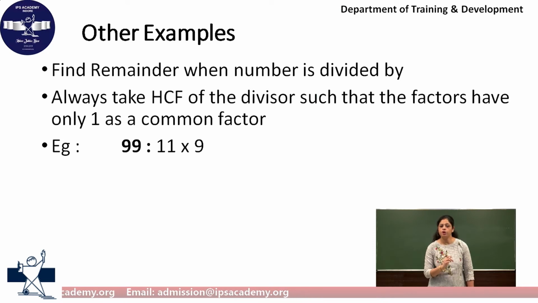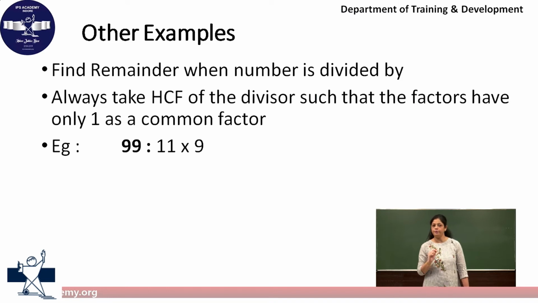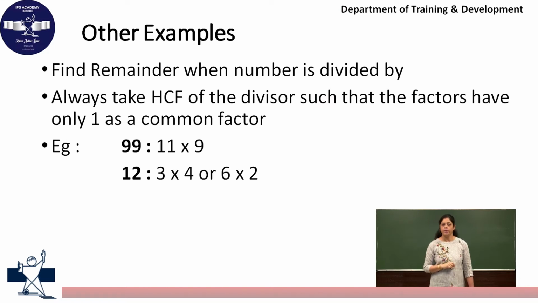For example, if your divisor is 99, of course there is no other option but to go for 11 into 9, because 99 comes into only one table. 33 into 3 is also there, but again 33 and 3 have a common factor as 3, right? So that pair we cannot take. We have to see the pairs which have only 1 as a common factor. Take 12. The factors of 12 are 3 into 4 is 12, 6 into 2 is 12.